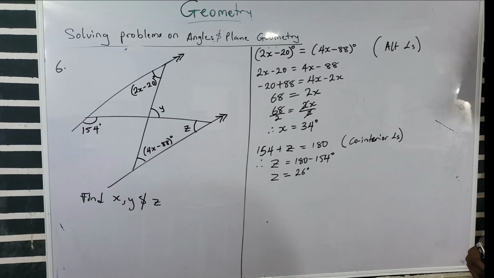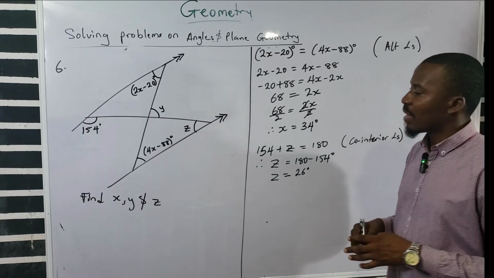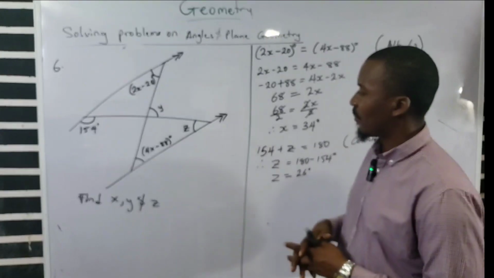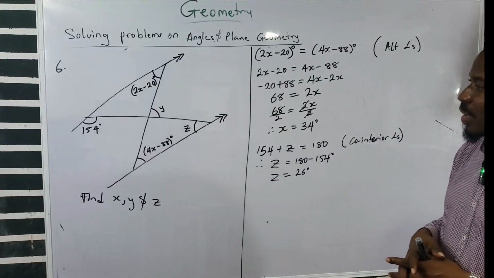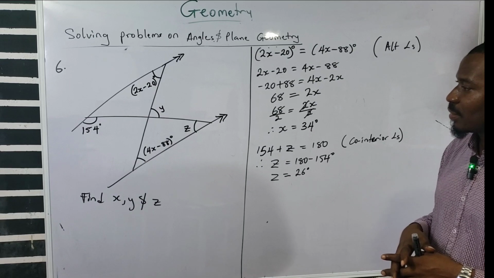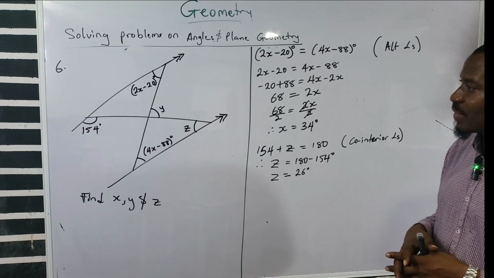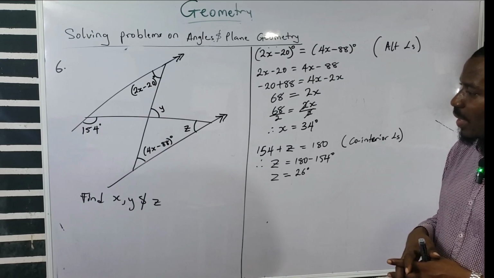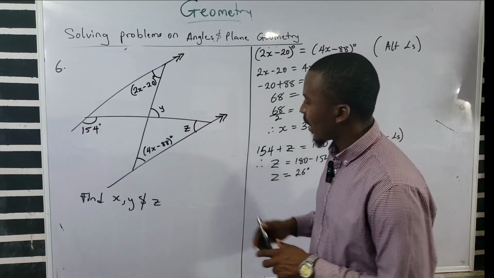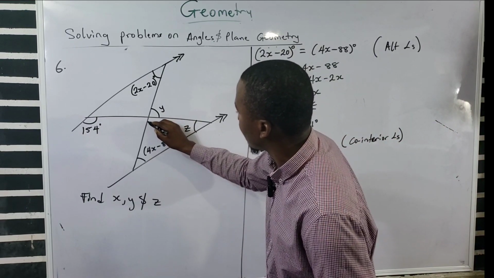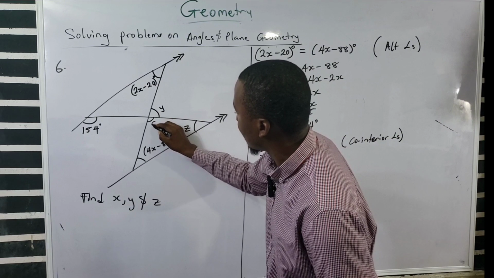Now the next thing is to find our y. If you look at y, we have solved problems of this nature a lot of times. We have solved a problem that gives us something that looks like y. Now for me to find y, I can easily put this angle here and call it a.